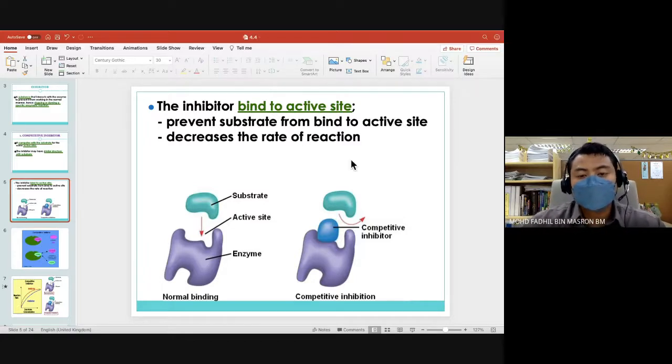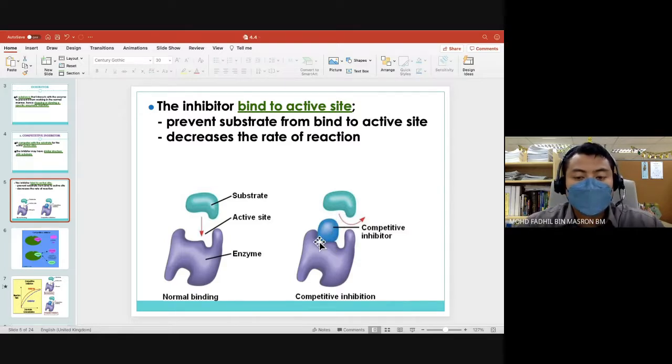So, pendek cerita dia macam ni. Sepatutnya substrate yang akan bind dengan enzim pada active site. Tetapi, ada satu substance ni yang bentuknya lebih kurang macam substrate, tetapi dia bukanlah substrate tu. Dan disebabkan bentuk yang hampir sama, dia yang bind pada active site tersebut.